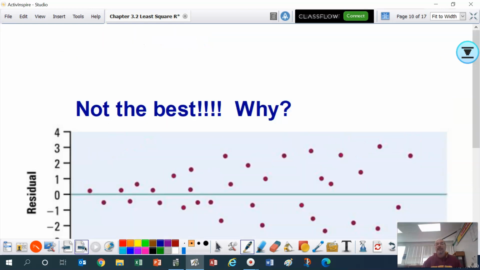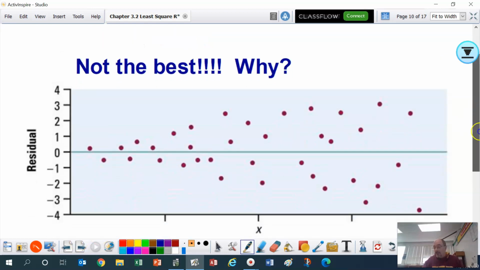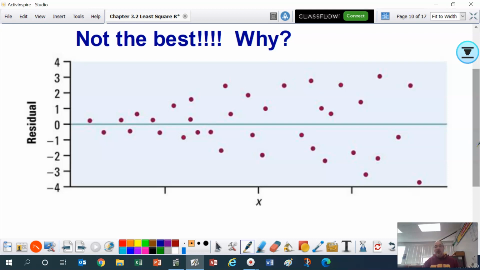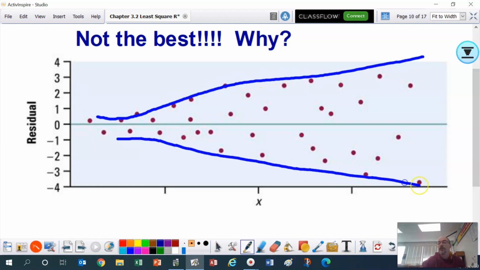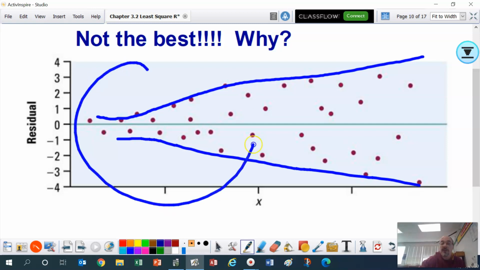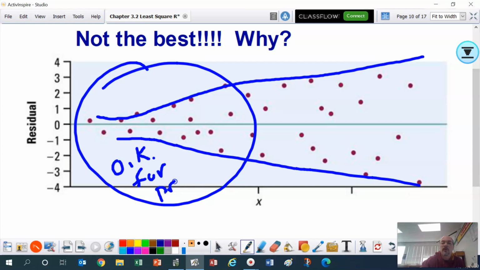Here's one where it's not the best residual plot. It's scattered above and below, but look at what's happening here. It's flaring like this. So it's not the best. This right here would be okay for predicting. If we were going to predict with the data from like here to here, that would be good.